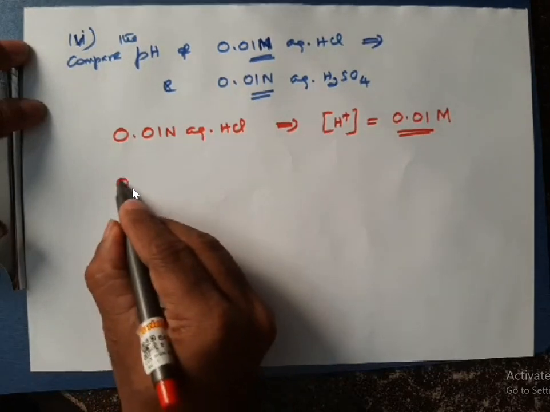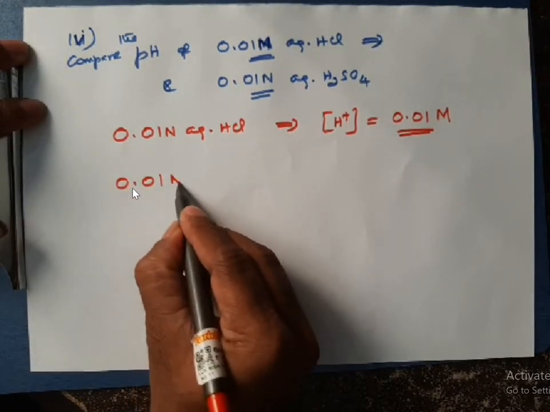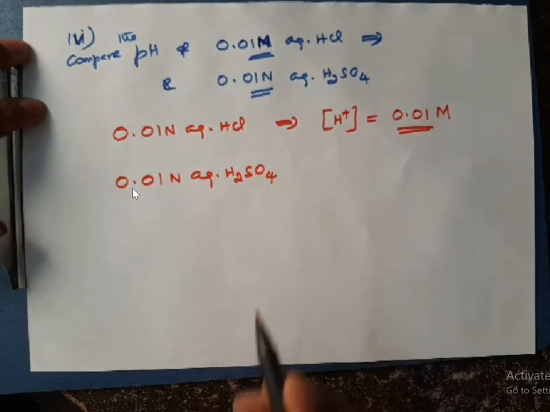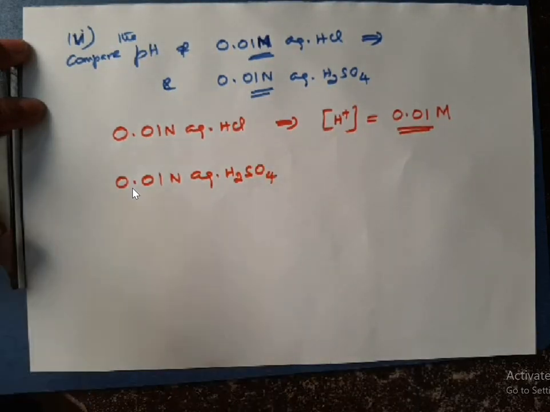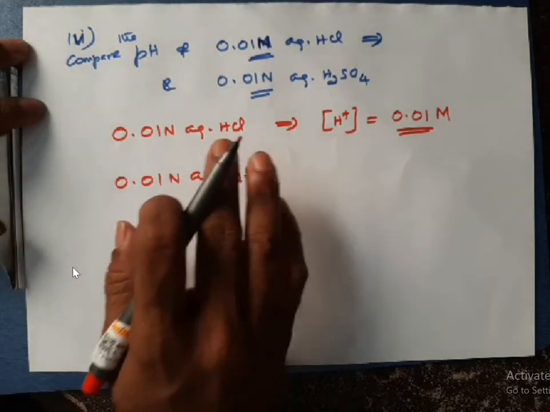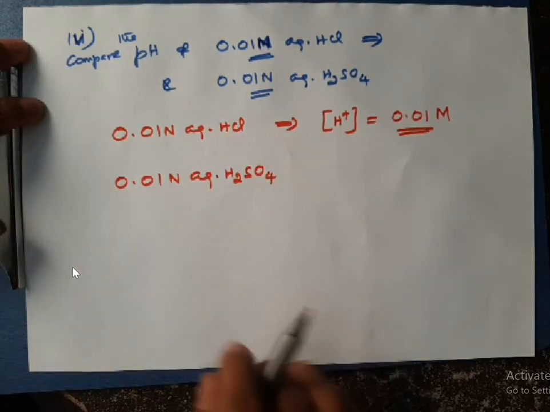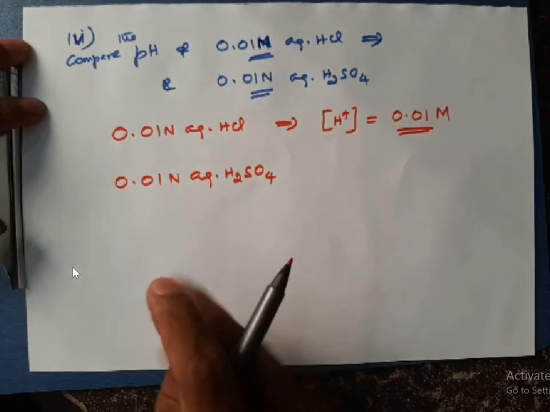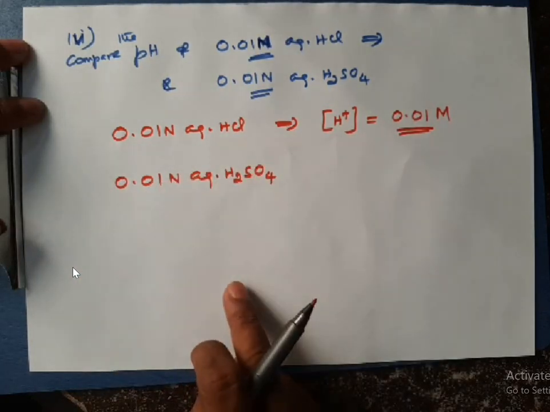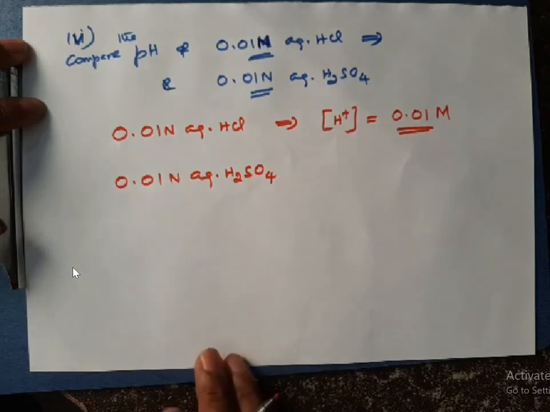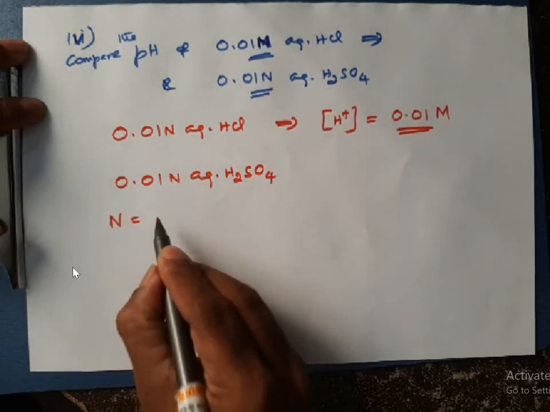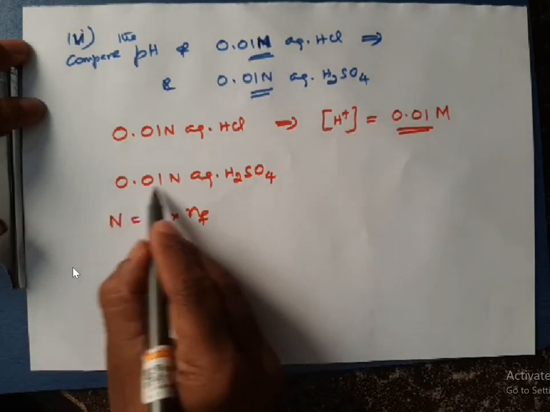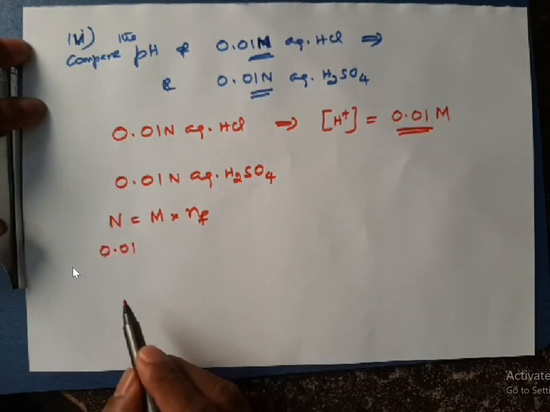Now, if I take 0.01 N aqueous sulfuric acid, students observe carefully. Often students get confused here. Since each molecule will provide 2 H plus, they will take 0.02. But the value is given in normality. You know very well, normality is nothing but molarity into N factor, and the normality given is 0.01.